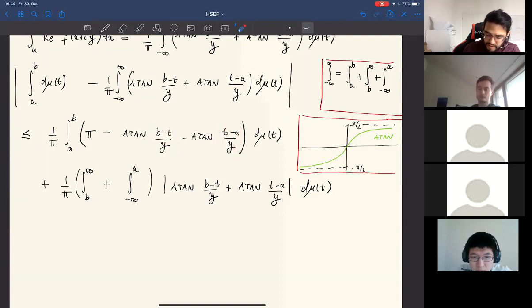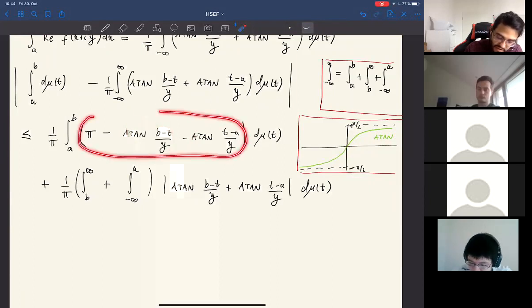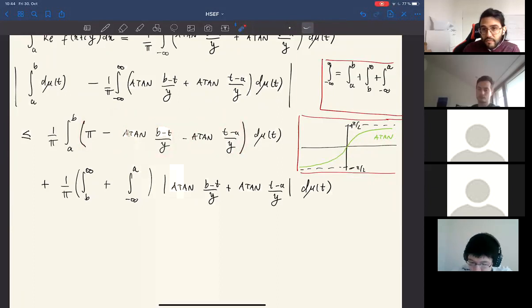But when arctan goes to plus infinity here, I'm converging to pi over 2. I have two of these, so I'm converging to pi, and there's a pi minus this inside. So this whole thing is converging to 0 when I take y to 0, just because of the property of the arctangent.